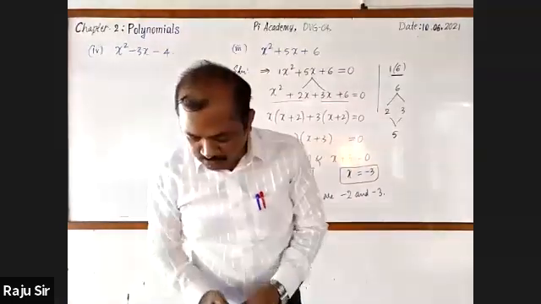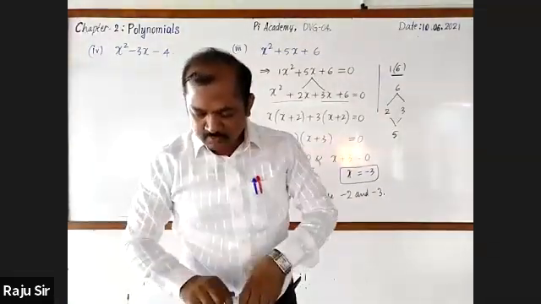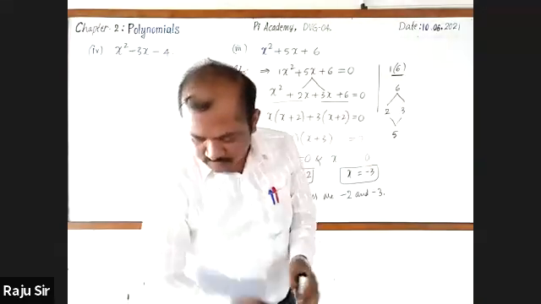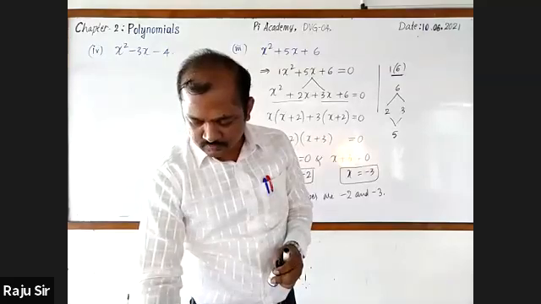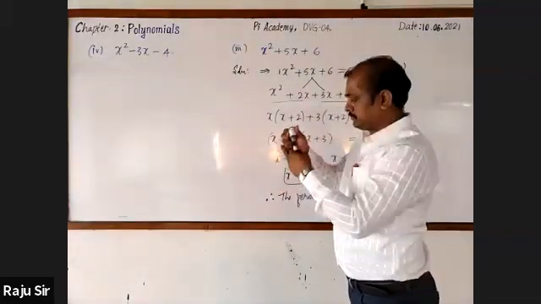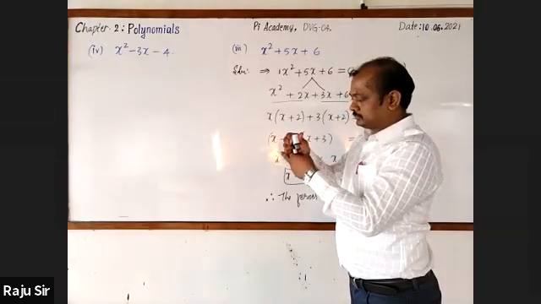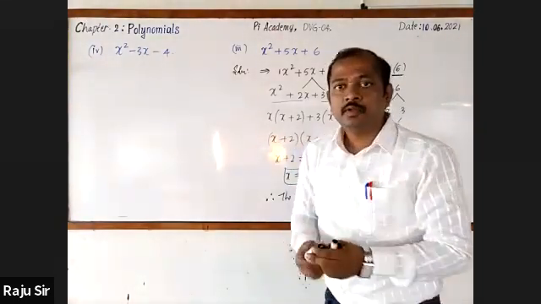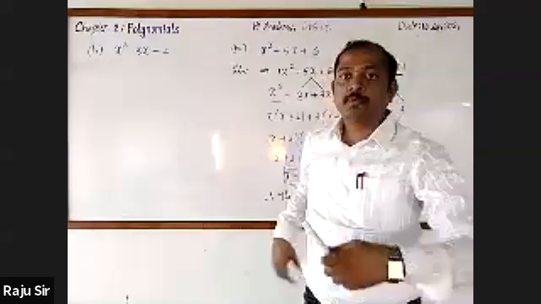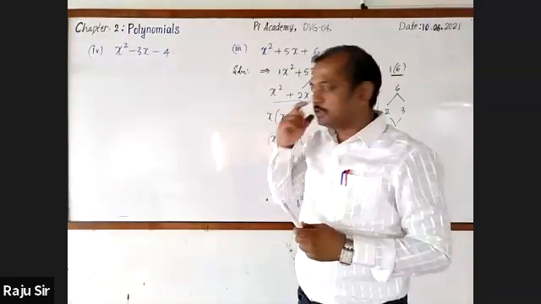We have to find the zeros of this: x square minus 3x minus 4. Try to find it out. -4 plus 1, sir. -4 plus 1 or +4 minus 1.